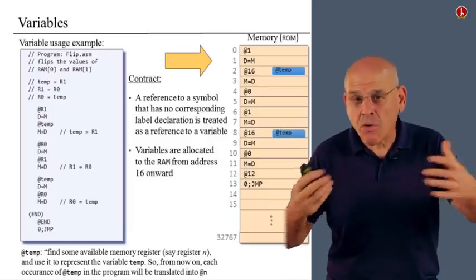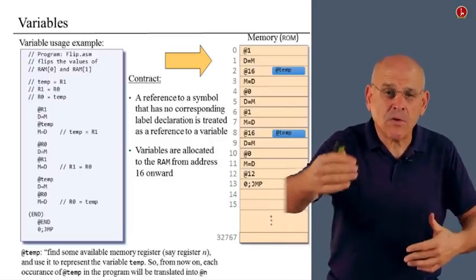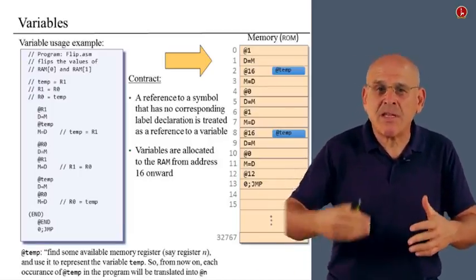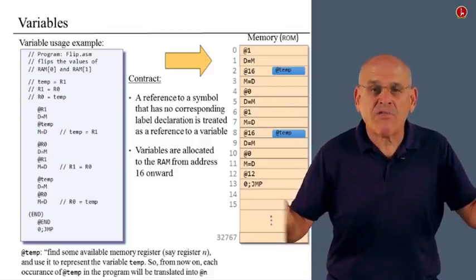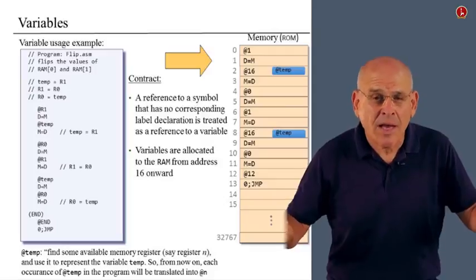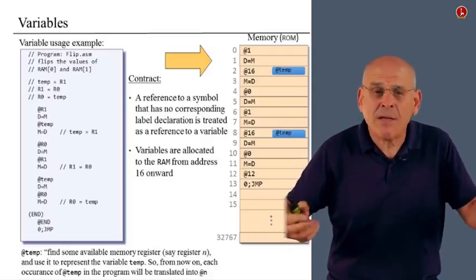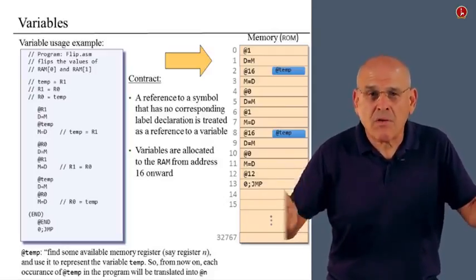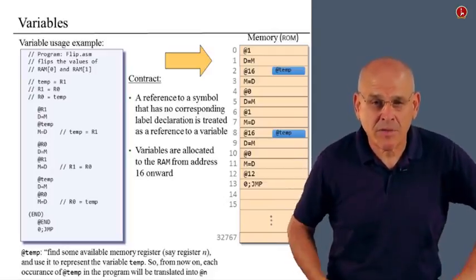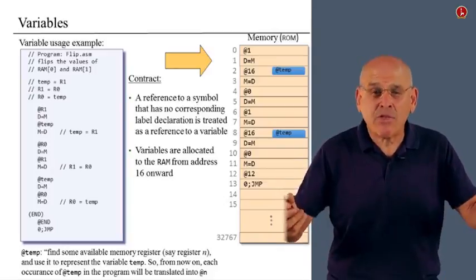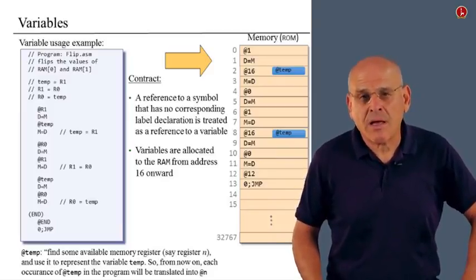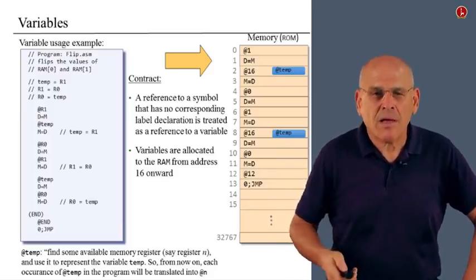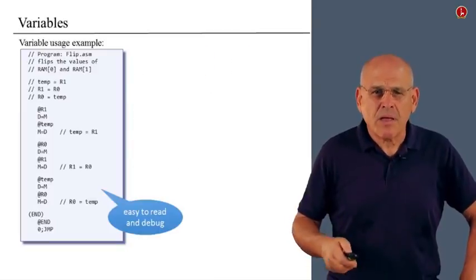If we have more variables in the program, we'll use RAM locations 17, 18, and so on and so forth. And practically, you can use as many variables as you want. I can say it safely because typically programmers use only half a dozen or a dozen variables or something like this. And in the Hack language, you can actually use thousands of variables, but no one actually comes up to so many variables.